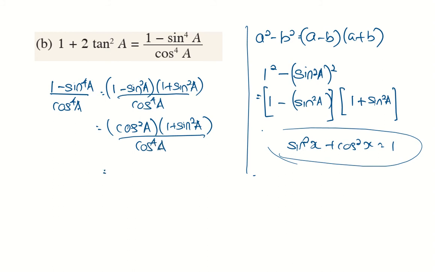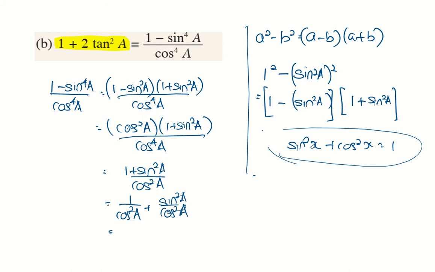That will be 1 plus sine square a over cos square a. Okay, we managed to reduce the power from 4 to the power of 2. So now let's observe what we have here. We want to get tangent square. So let's split them into two terms. 1 over cos square a plus sine square a over cos square a.